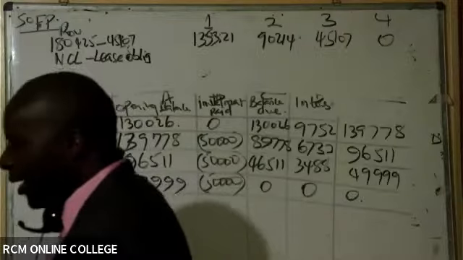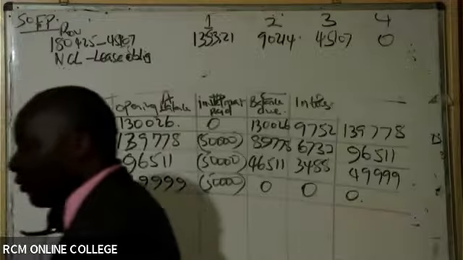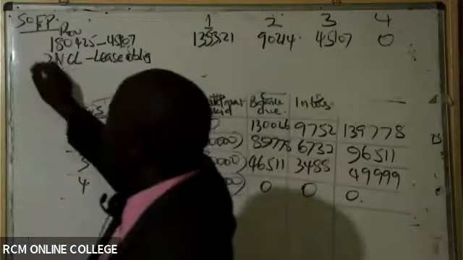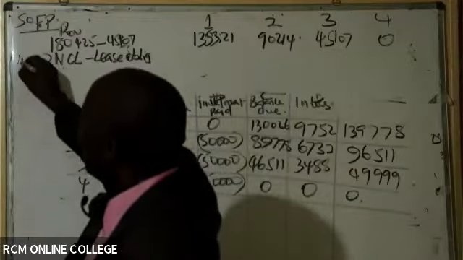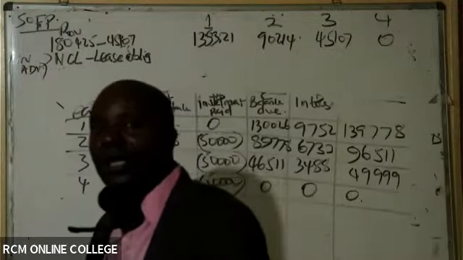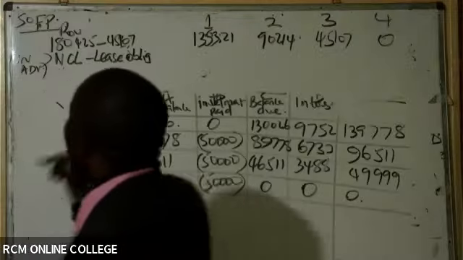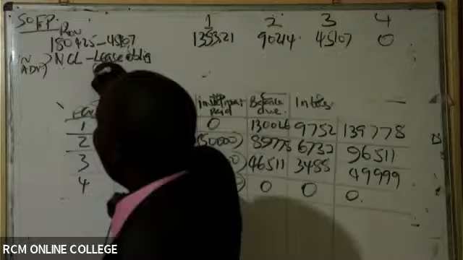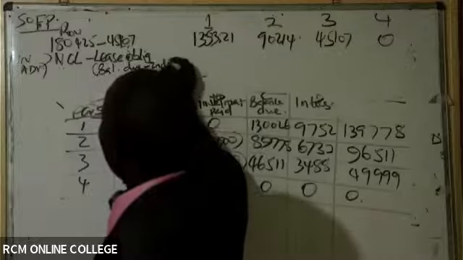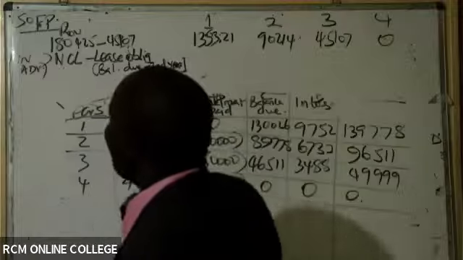Sasa hii nayo ina confuse wanafunzi kiasi. If it is in advance, remember this is in advance, always you talk about closing balance. If it is in advance, ladies and gentlemen, you shall work with balance due, from second year.